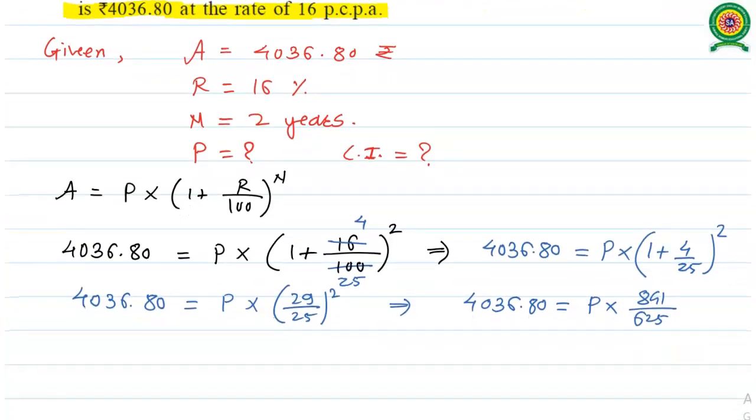Now to evaluate the value of variable P, we have to shift 841 divided by 625.